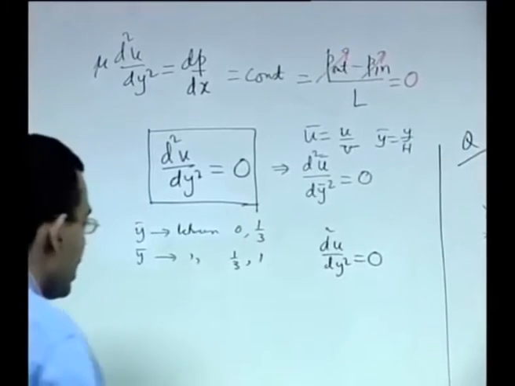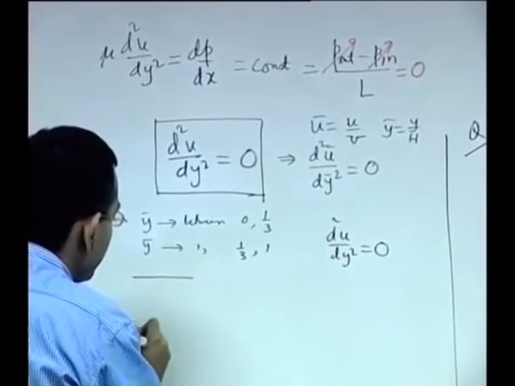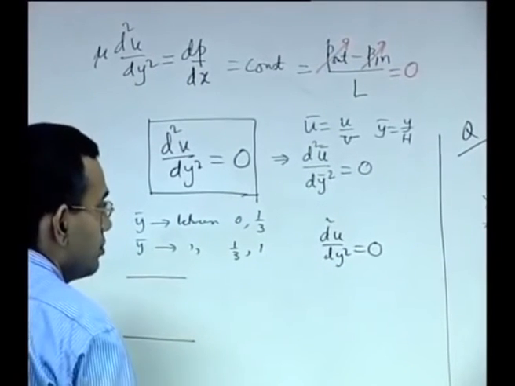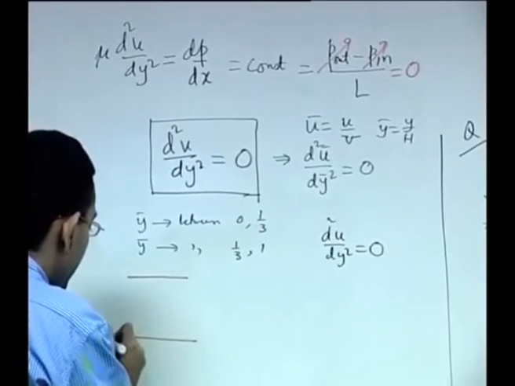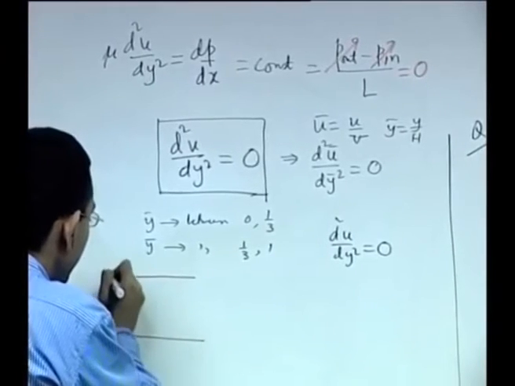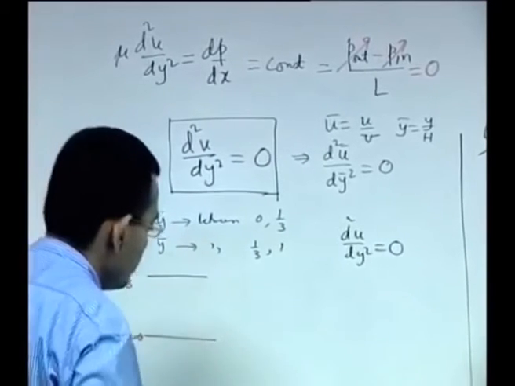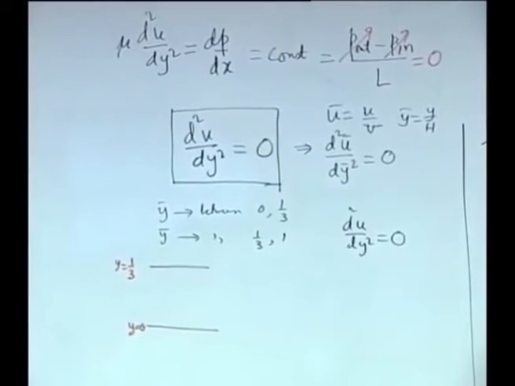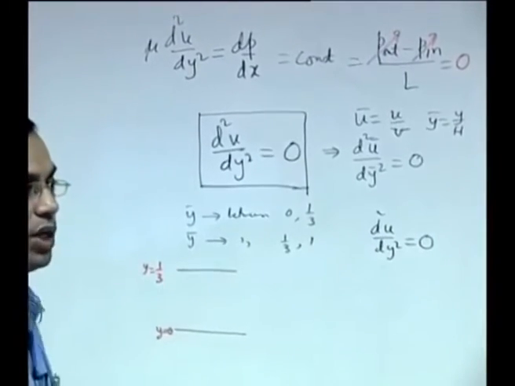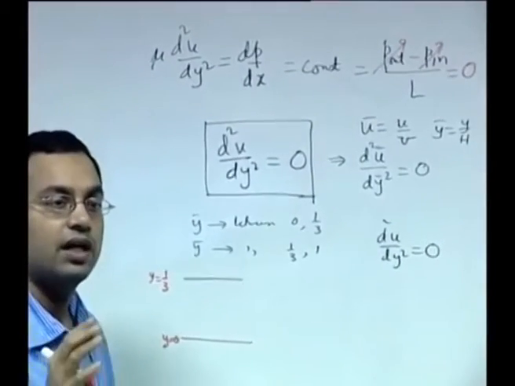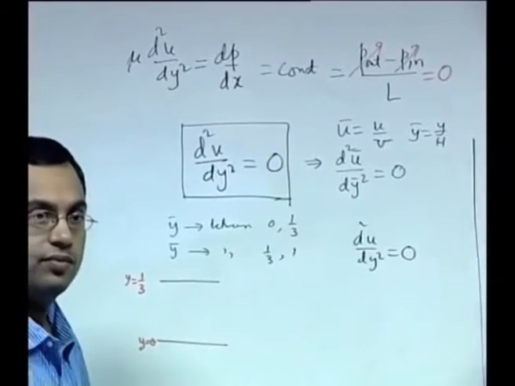So, let us consider the part of the domain between 0 to 1/3. So, this is y equal to 0, this is y equal to 1/3. If you want to capture a variation within this one, what is the minimum number of grid points that you could take, and we will take that.